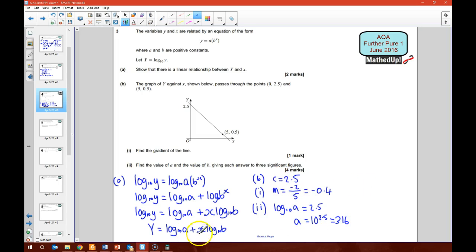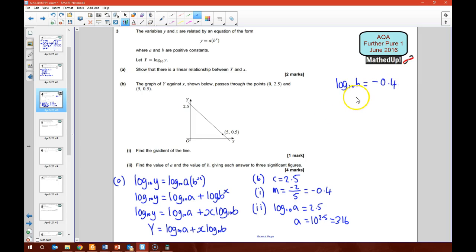Okay, so I'm going to come over here. My m value is negative 0.4, and that's given by this log b over here. That's going to be my gradient, so I can say that log b is going to be equal to negative 0.4.